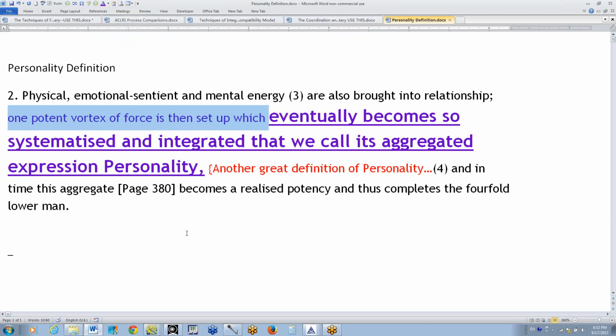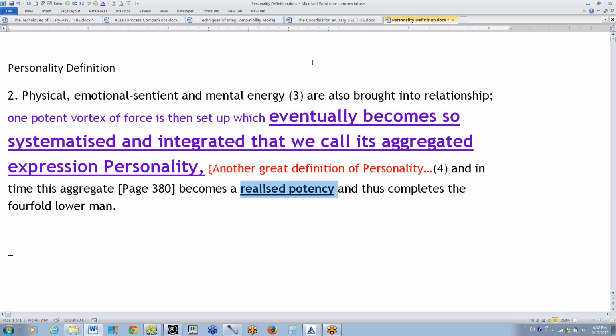And that's number four. And in time, this aggregate becomes a realized potency and thus completes the fourfold lower man. I suppose it emerges over time as a realized potency.